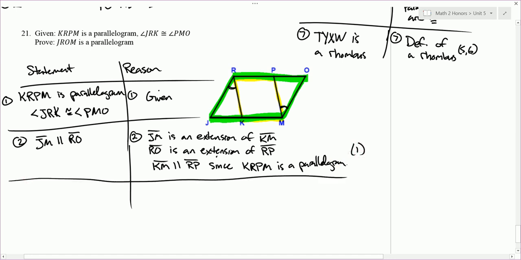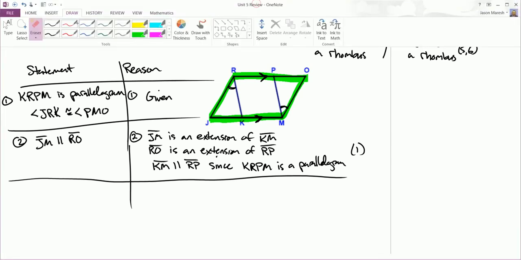So the rest of the work here is to show that JR is parallel to MO. To do that, what I'm going to focus on trying is to show that the left triangle is congruent to the right triangle.